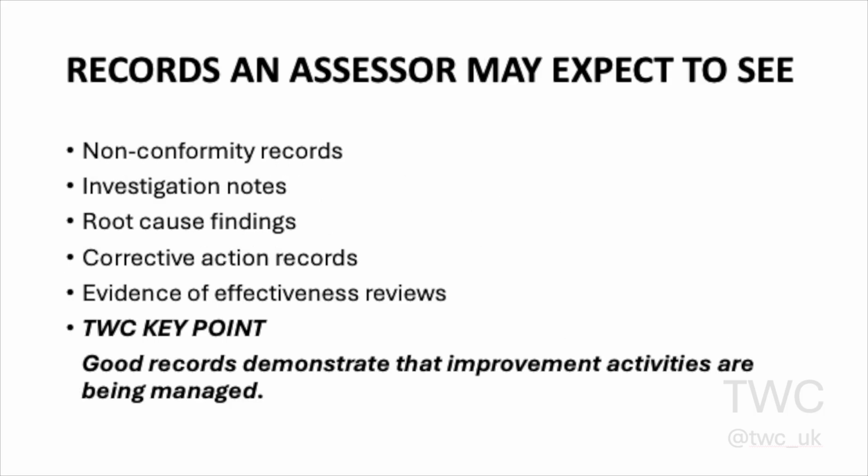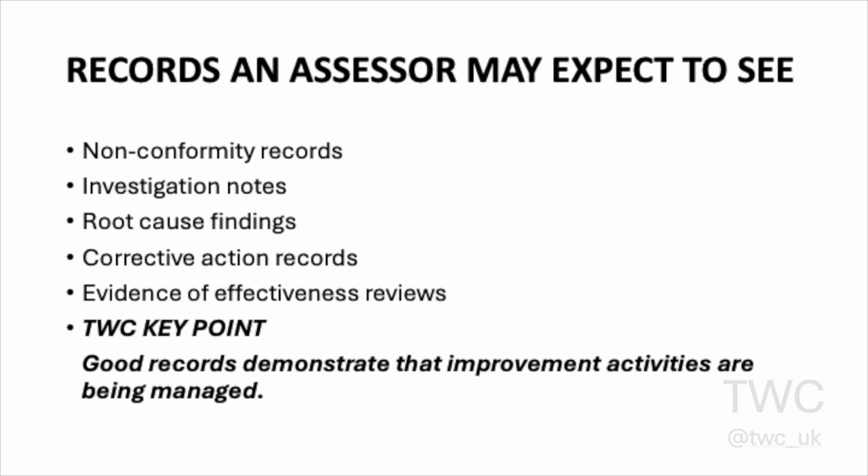During an assessment, evidence is often more important than explanation. Assessors may expect to see records relating to identified non-conformities, investigation notes, root cause analysis, corrective actions, and effectiveness reviews.